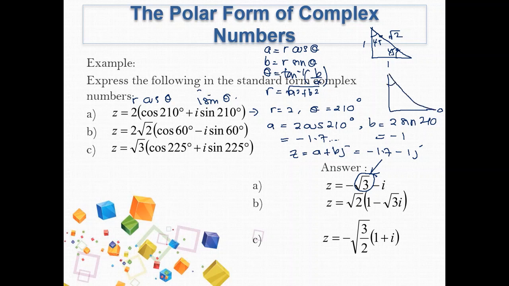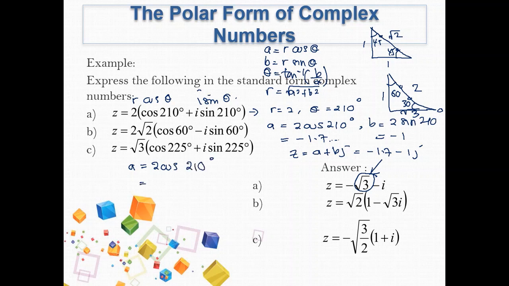There is another triangle, which is 60 degree, 30 degree. So opposite the 30 degree, this is 1, this is square root of 3, and this is 2. Alright, so when you go back to this, a is equal to 2 cos 210.